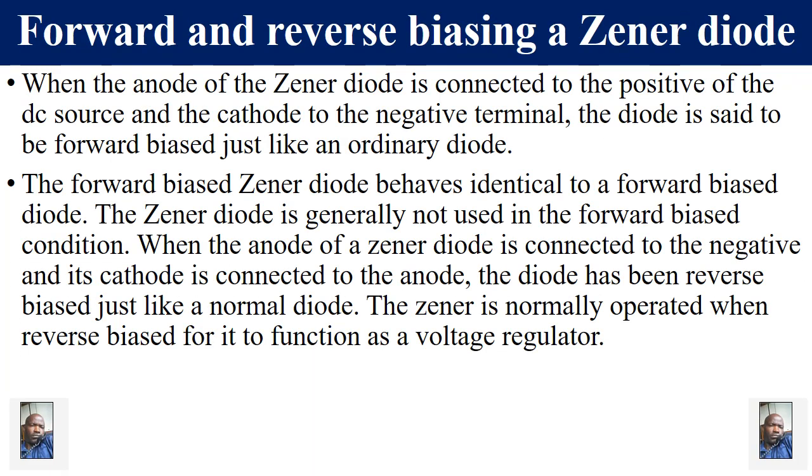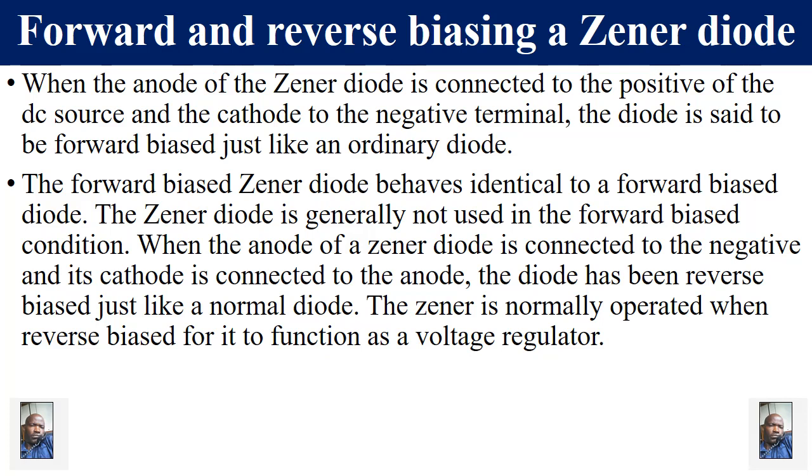That slide is a recap of what you know. I'll rush through it. We are explaining forward biasing, and we are saying the anode of the Zener diode is connected to the positive terminal of the DC source, direct current source, and the cathode to the negative terminal. When forward biased, it behaves like a forward biased PN junction diode, but it is rarely used in this way.